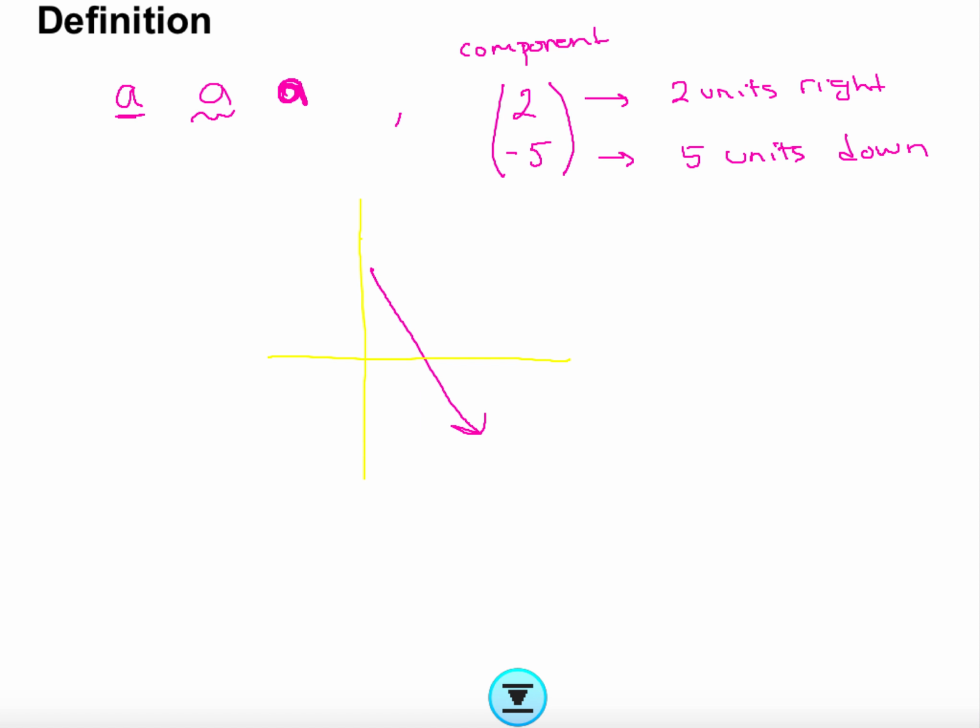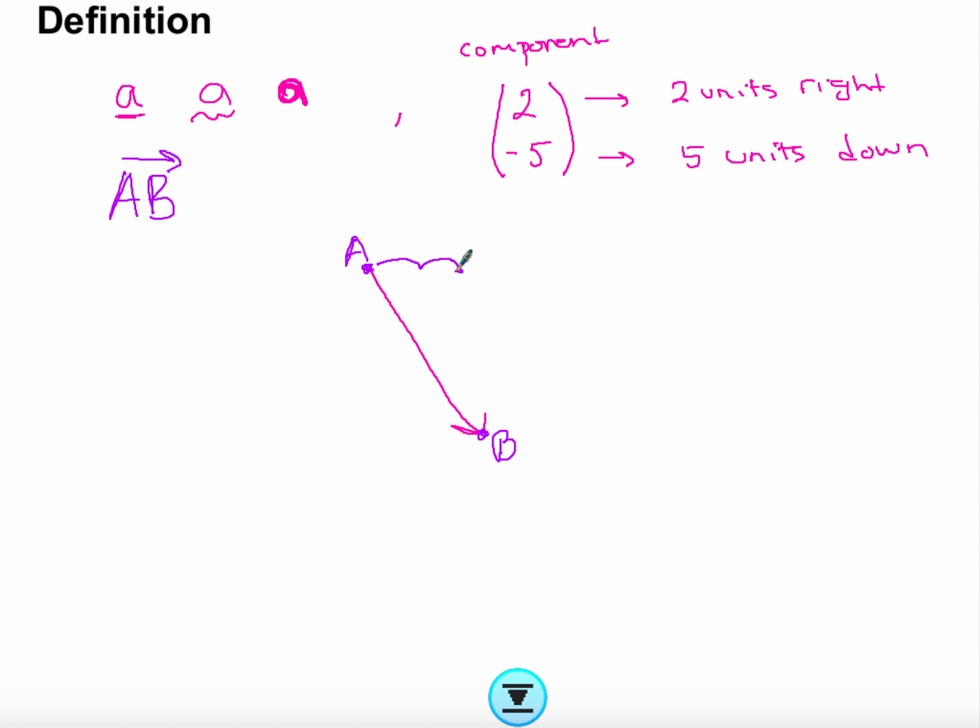I could also represent it as a point, moving between points. Let's say this is my point A and point B. Instead of representing this vector as one letter, I could say it's the vector that moves from A to B, and it has to go in the direction of A to B. So this is my vector.